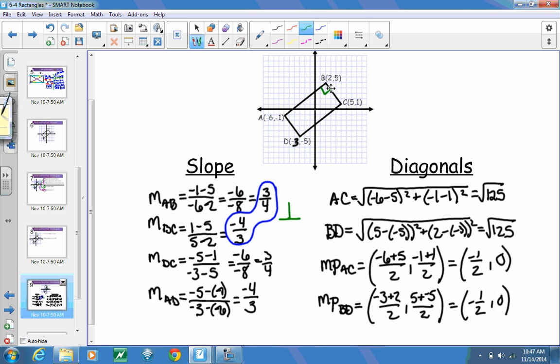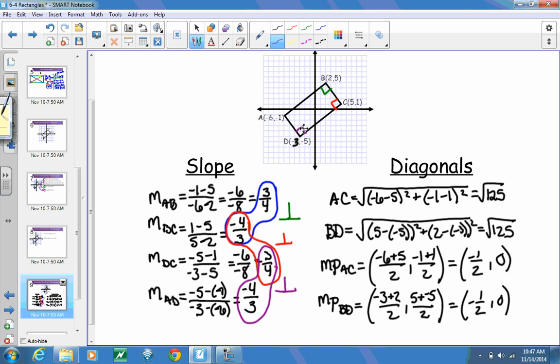There's our 90 degrees. If I look at the next 2, BC and DC, those 2 are also perpendicular to each other. So I've got BC and DC, so we're creating another 90-degree angle. If I take a look at DC and AD, here we have 2 opposite reciprocals of each other, making it perpendicular.